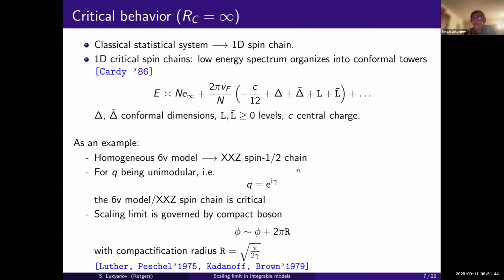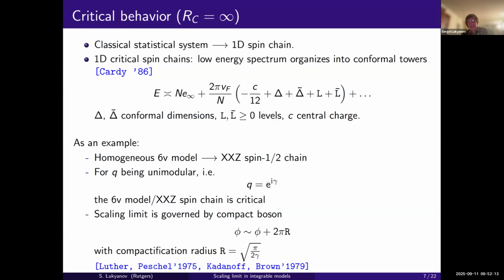Critical means this classical statistical model has an infinite correlation length, but it's more convenient to talk not about the classical statistical model, but about the spin chains. One can consider spin chains with a Hamiltonian which belongs to the commuting families of operators, and then the criticality can be studied.